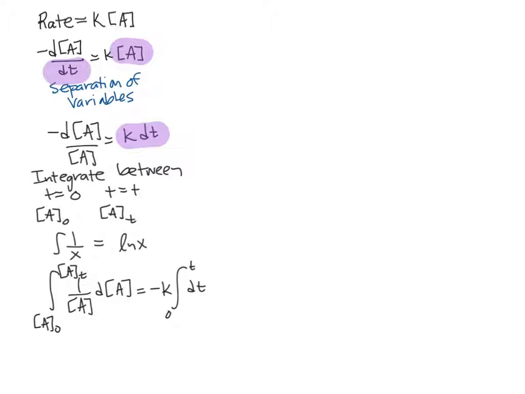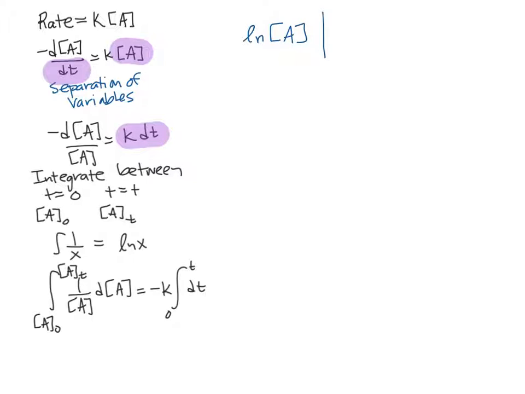Just a quick note, I switched where my negative sign was on my equation from the left side to the right side to make sure that my equation will end up looking pretty at the end by dividing by 1 on both sides. Now it's time to write out the answer to the integrals. We'll see that the integration of 1 over A is going to be the natural log of the A concentration.